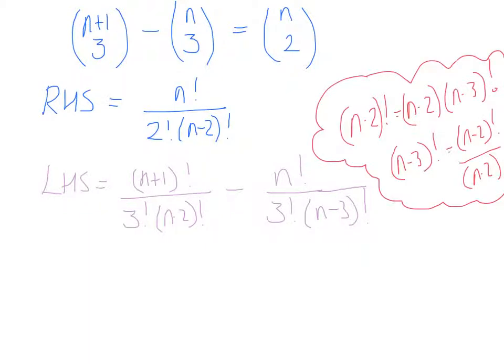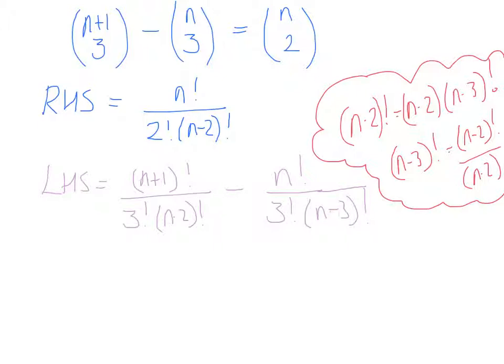I need to just remember here that n minus 2 factorial is the same as n minus 2 times n minus 3 factorial. So I can rearrange that and know that n minus 3 factorial is n minus 2 factorial divided by n minus 2. I'm going to substitute this n minus 3 factorial with this.